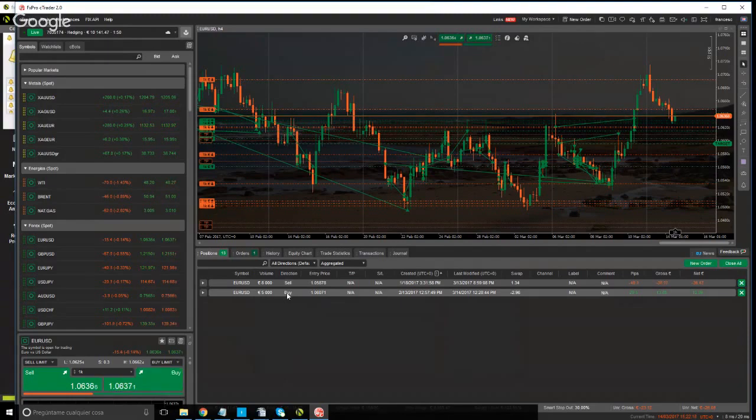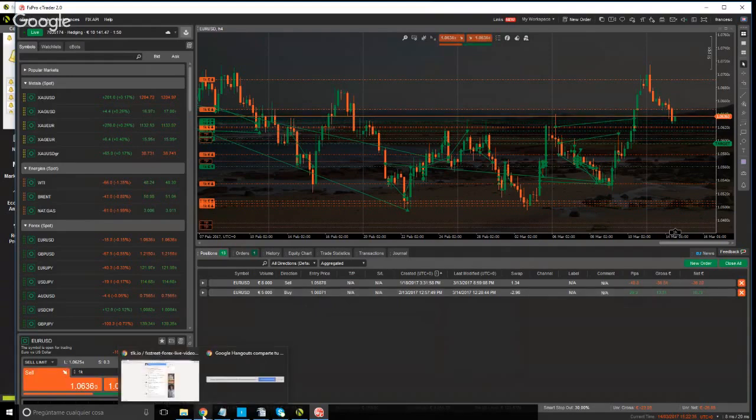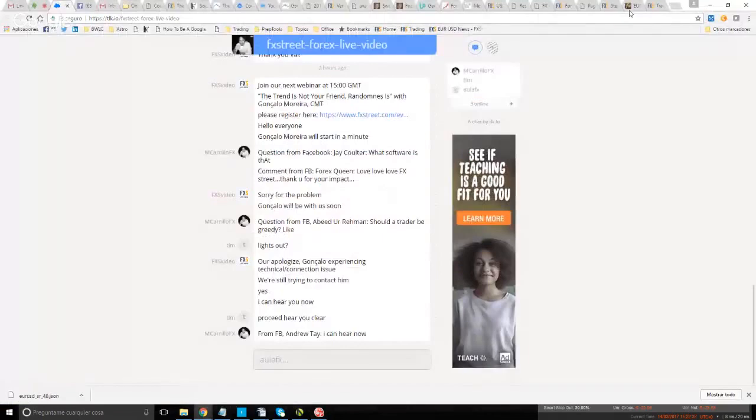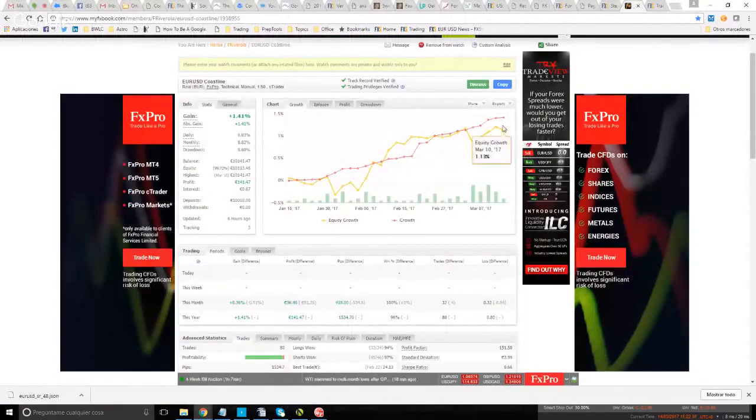That is compared to the margin that you are allowed to use with most retail brokers. This is really a tiny portion, and this doesn't mean that you can't make money not using leverage. You see here the results.